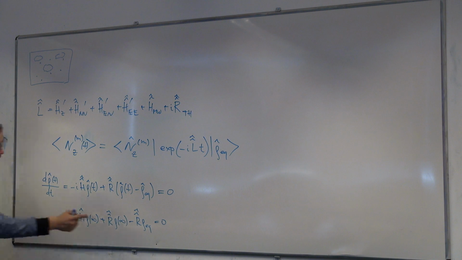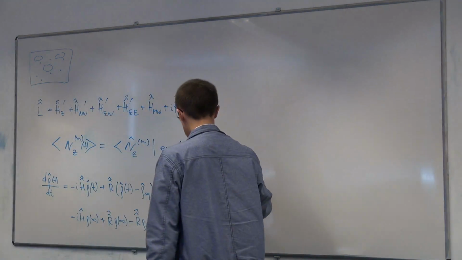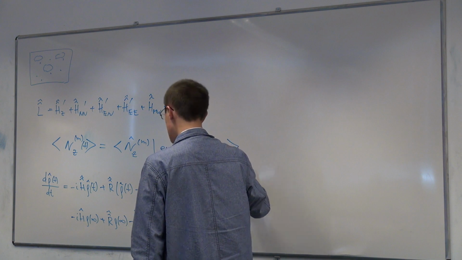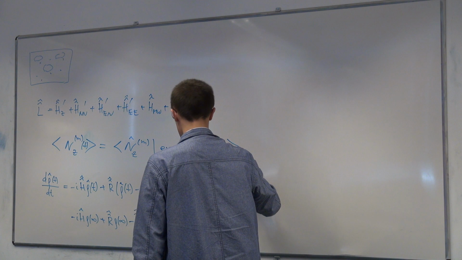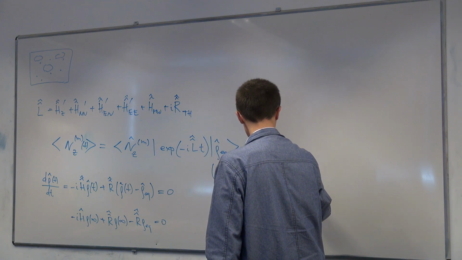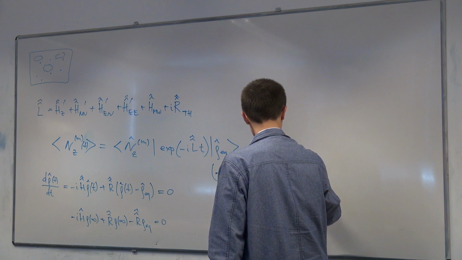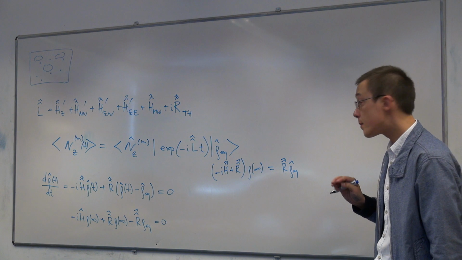So I'll just take rho equilibrium to the right hand side, and I'll take rho infinity out of the bracket in there, so it will be minus i H plus R, times rho infinity, equals R rho equilibrium, and we are just one step away in here.